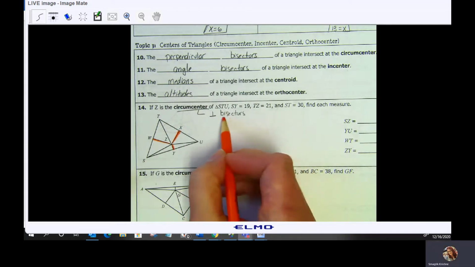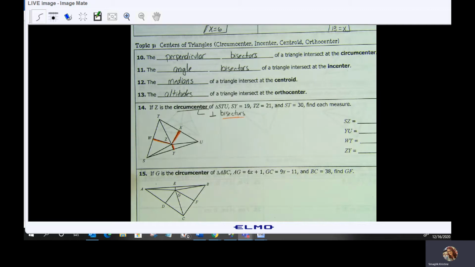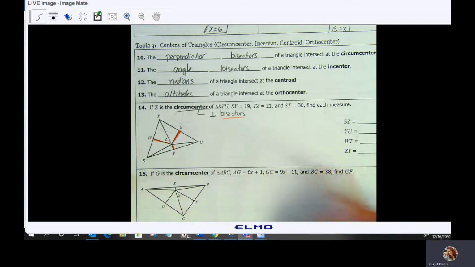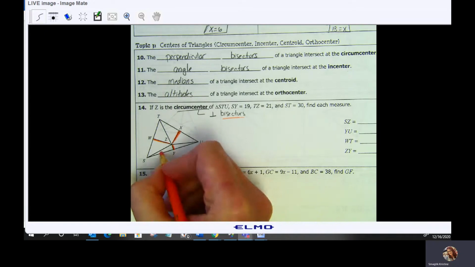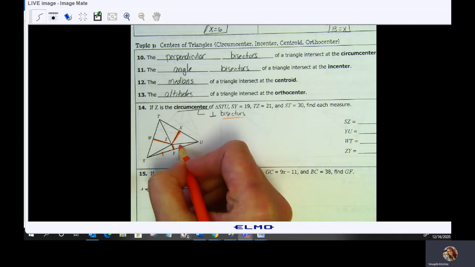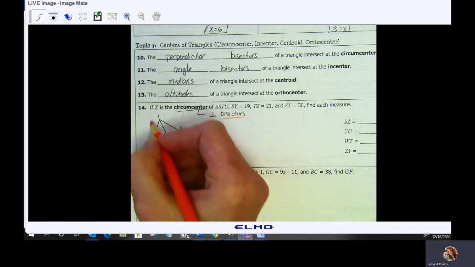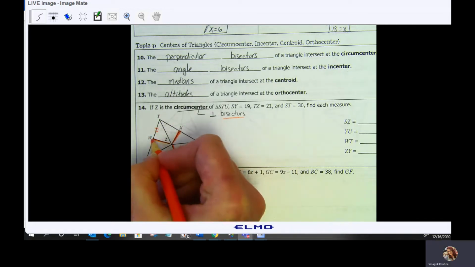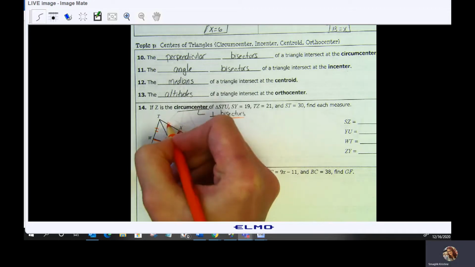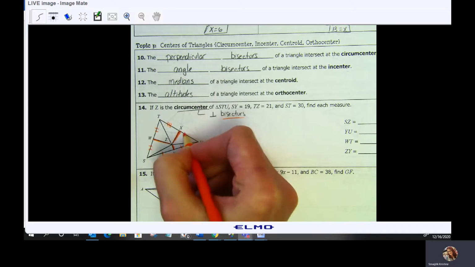Now, because of that word bisector, we know Y, X, and W are midpoints. And that means we have congruency. So SY would be congruent to YU. TW would be congruent to WS. And TX will be congruent to XU.